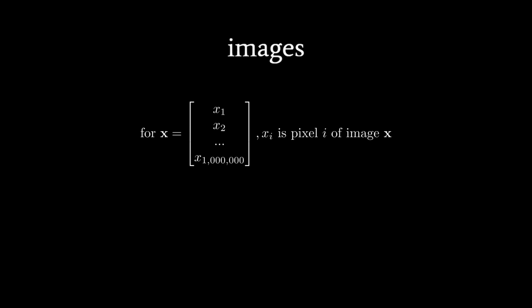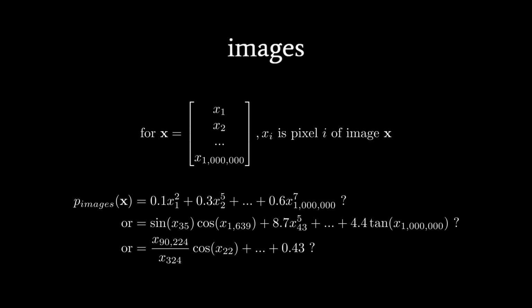It would have to be a function that takes in the 1 million pixel values of an image, then computes the probability that that image would be sampled from the distribution, as a function of those 1 million pixel values. We have no idea what this function could be, so we can't just get the f term by taking the derivative of this function that we don't know.